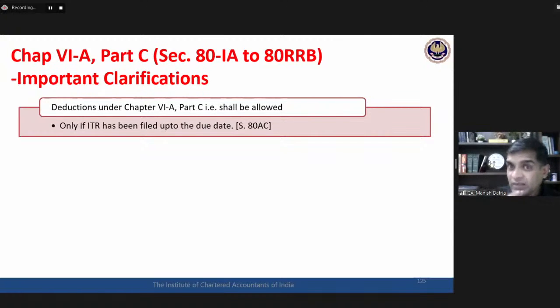That's why it is very, very necessary to understand what all are the Part C deductions. Part C deductions are all income-based deductions plus 80JJAA. So 80IA to 80RRB.